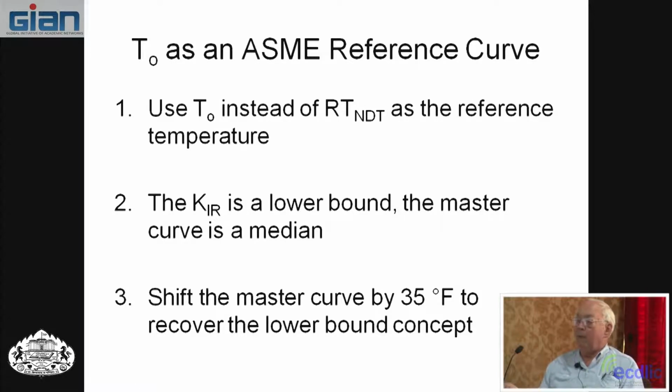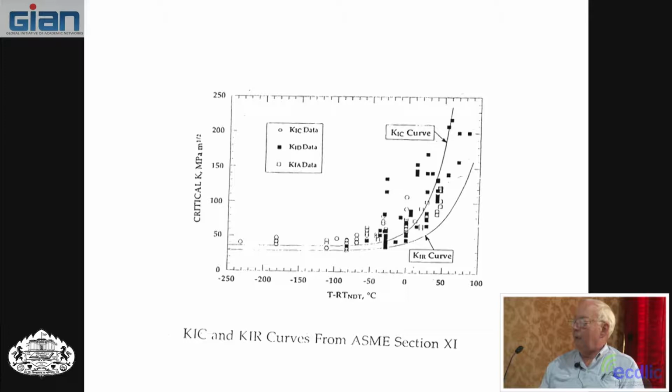T0 came from the transition fracture toughness testing, and the Weibull statistics that we talked about yesterday, that was where the T0 came from. And so if you base that on the master curve technology for transition fracture, you would have then a median curve, and they like the idea of lower bounds.